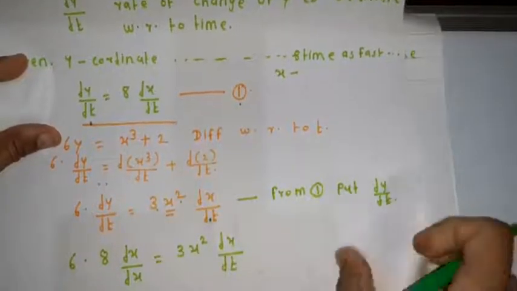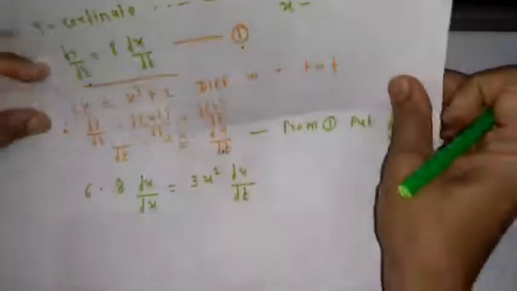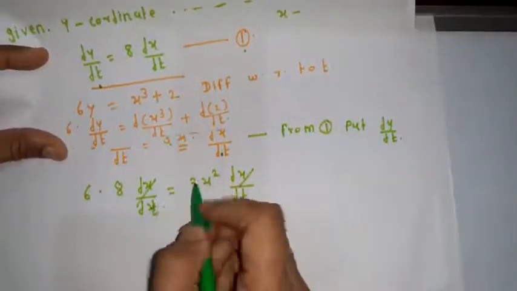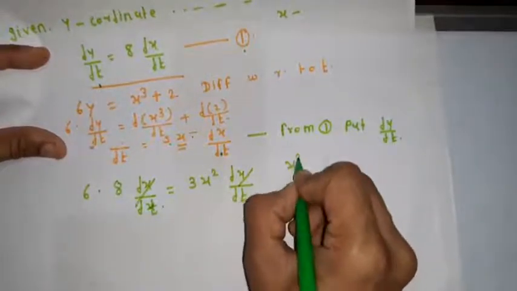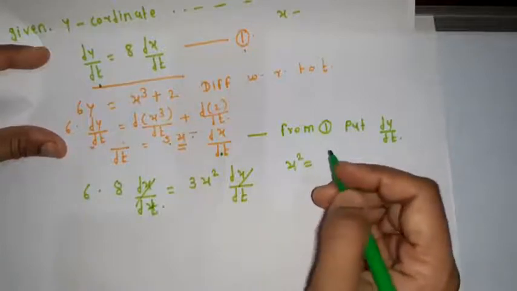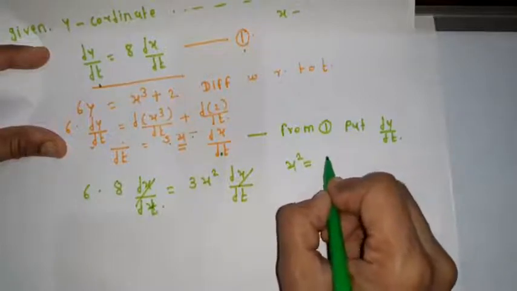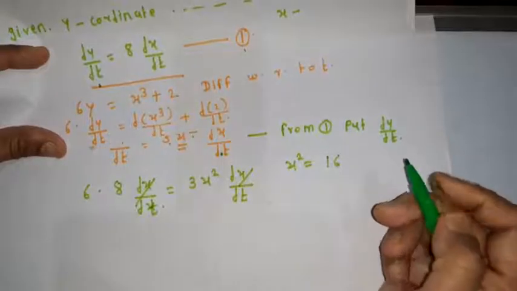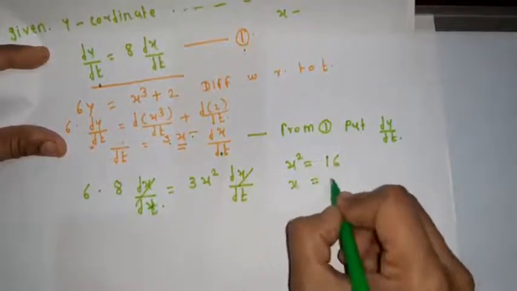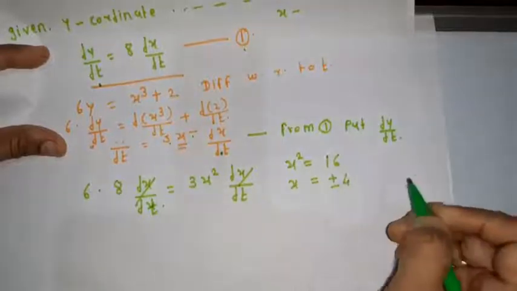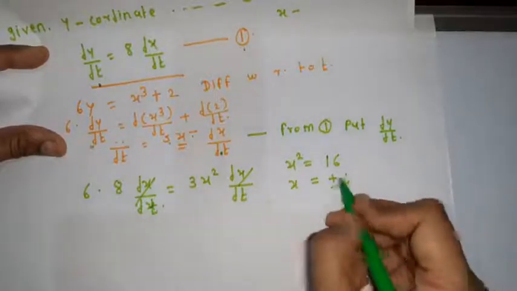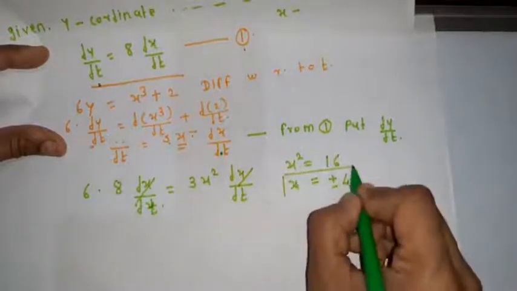So here dx by dt gets cancelled, and we get x square equal to 16, and therefore taking square root on both sides we will get x equal to plus or minus 4. So these are two values of x.